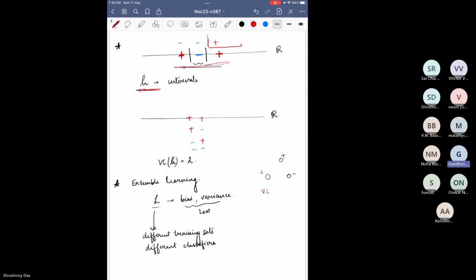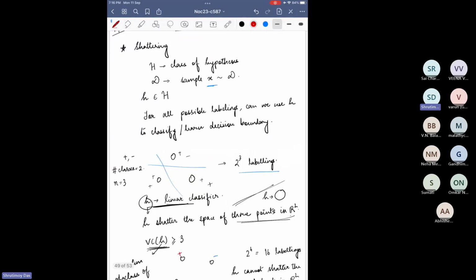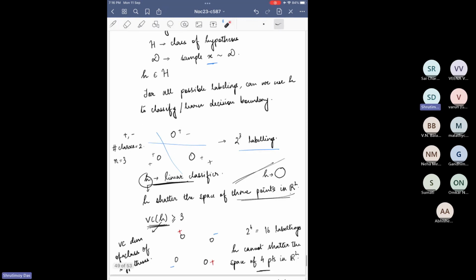Sir, can you tell the meaning of shattering? So shattering means you are dividing your space into, say, positive or negative class. In this example, you can always use a linear classifier to divide these points into positive or negative class, irrespective of what their labels are.